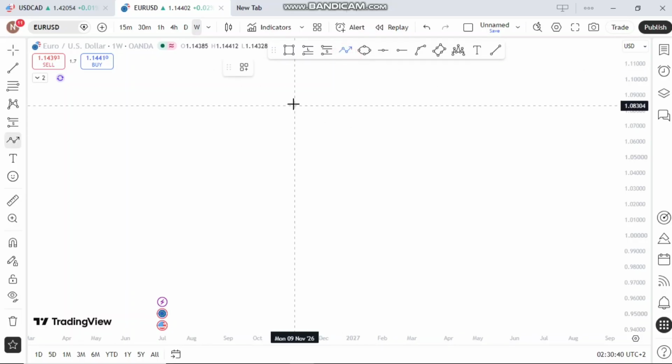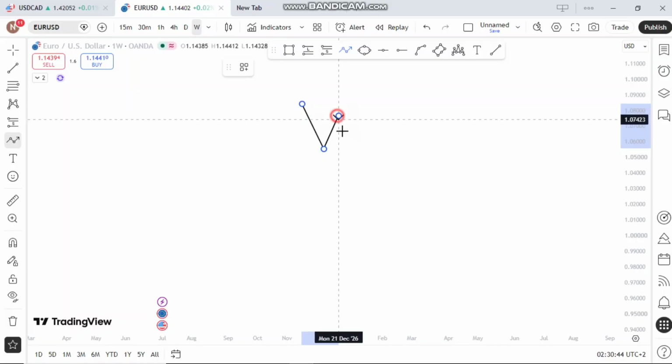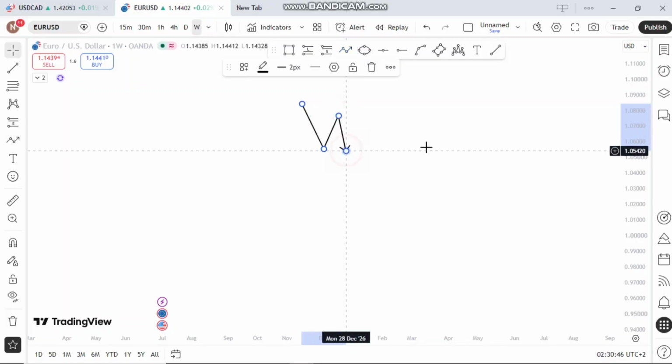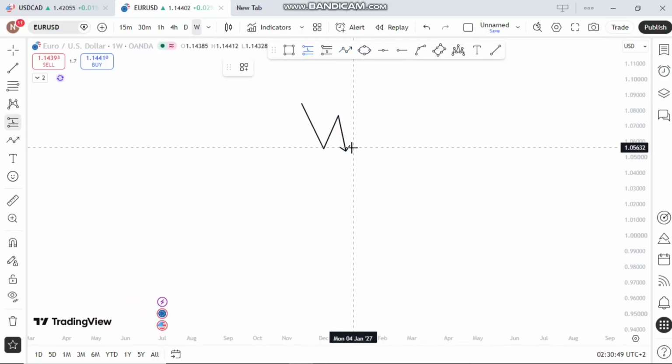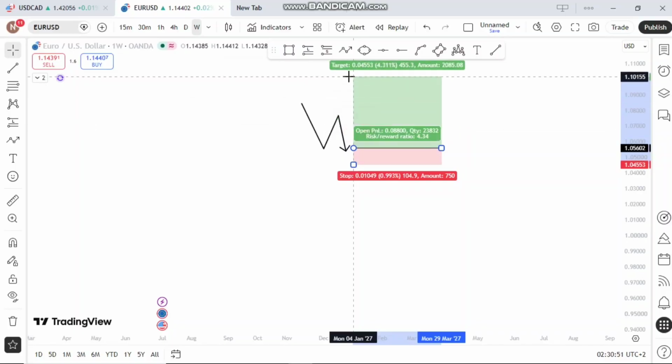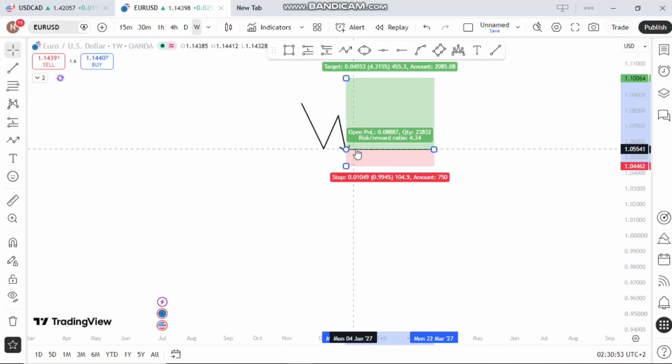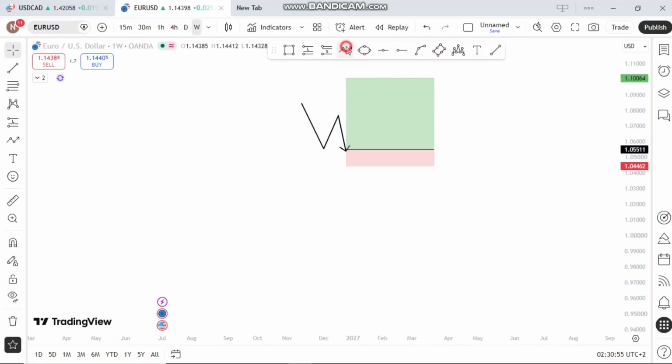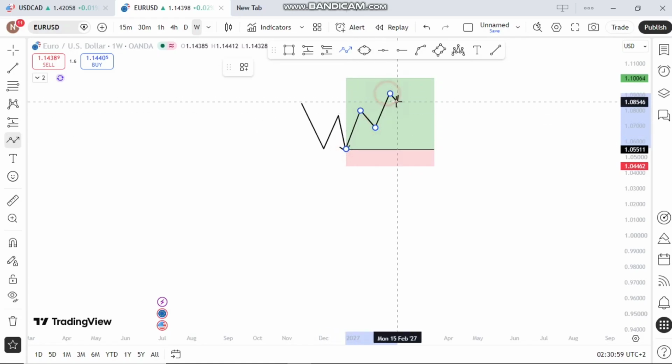Whenever you come into the market and it's here, what should you look for? Buy positions. And what happens? Boom.